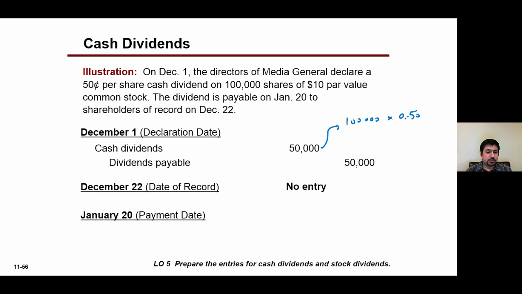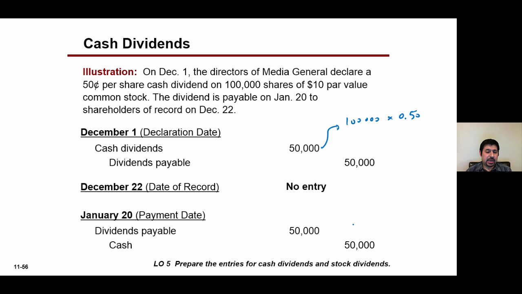On January 20th, this is the payment date. This is when the company is actually sending out the checks. At this point, the company will be debiting dividends payable because they are paying their liability in cash. Because it is a cash dividend, the company will credit cash 50,000, and debit dividends payable 50,000.